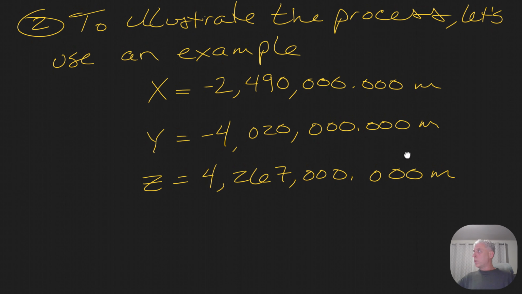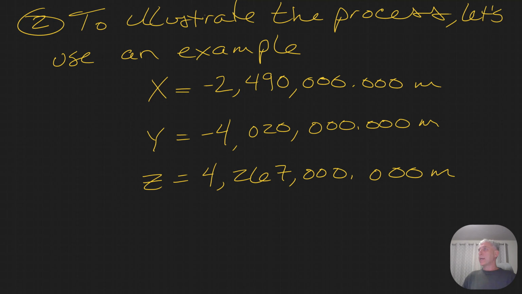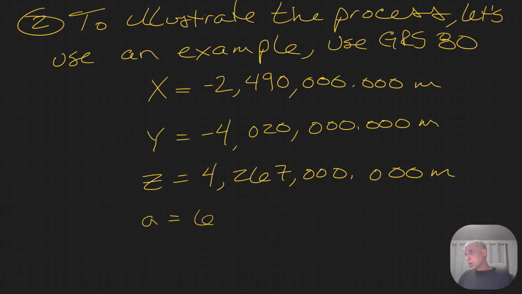And then we also have our GRS 80. So I'll put up here, use GRS 80. And with GRS 80, the definition says A, or our semi-major axis, is equal to 6378137.000 meters.